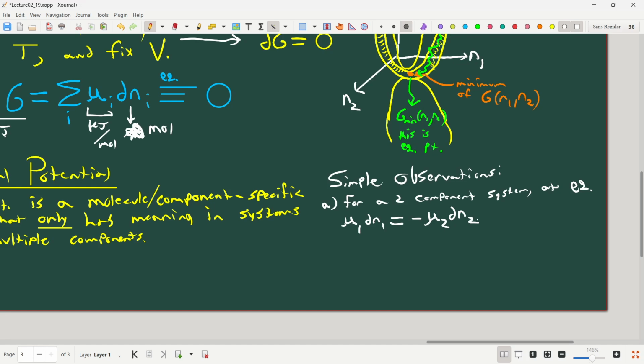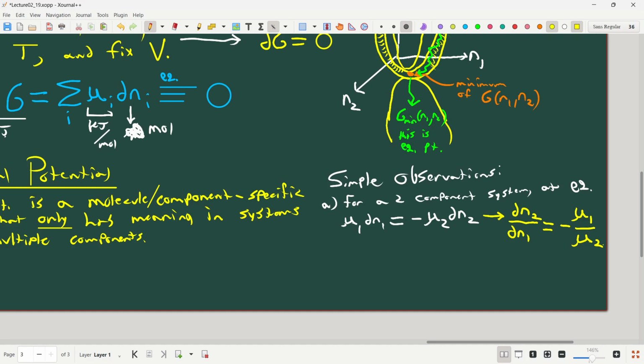All right, so let's look at, for instance, what this ratio tells us. It says that the ratio of the changes in the moles in a process, let me make sure I got the math, is equal to the inverse ratio of the chemical potentials.